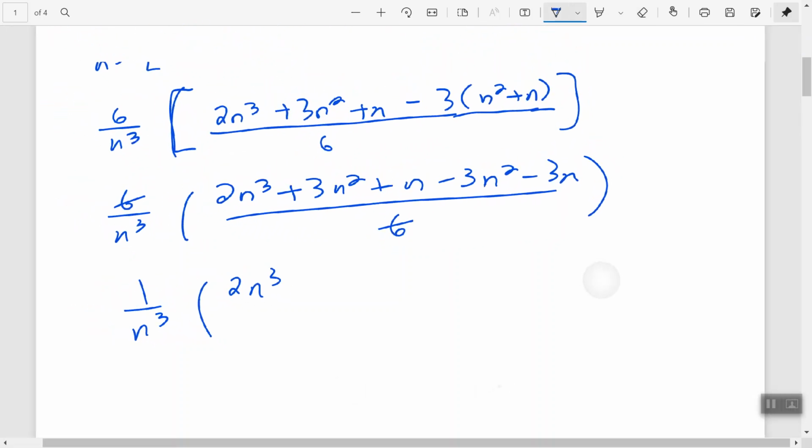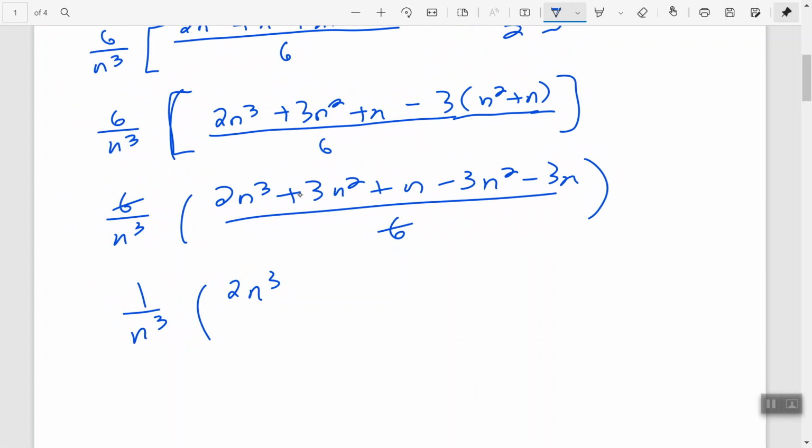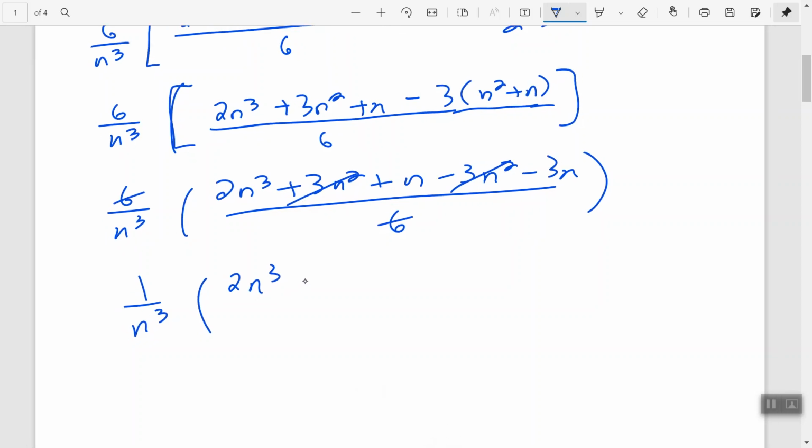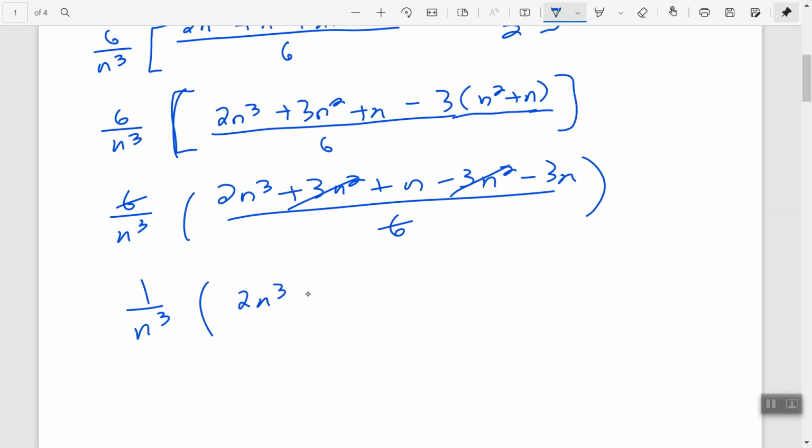And let's see here then, 3n squared minus 3n squared, they will cancel out. And n minus 3n will give us negative 2n. So 2n to the third minus 2n.